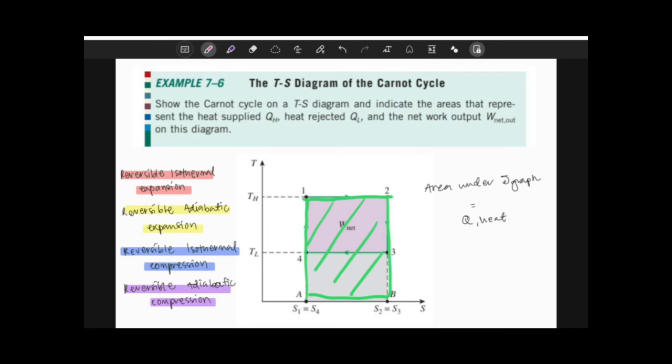And the heat rejected, QL, is the area A, 4, 3, and B, right here. So to obtain the work net output, we use the formula work net output equals QH minus QL, which we have obtained from the area under the graph.